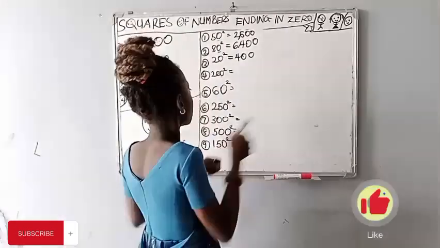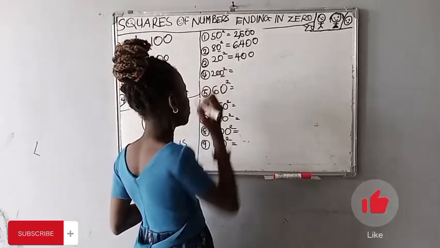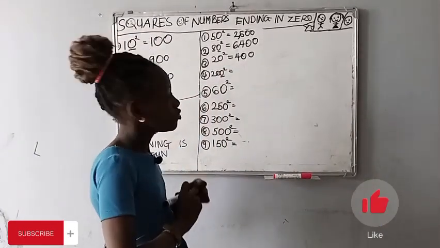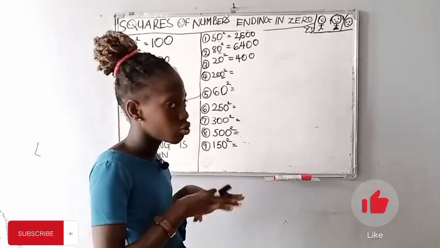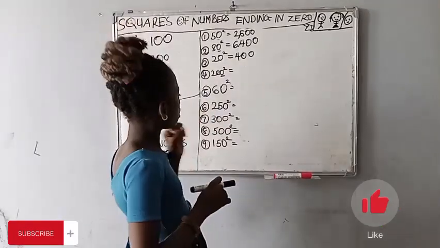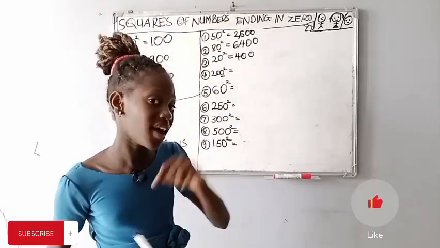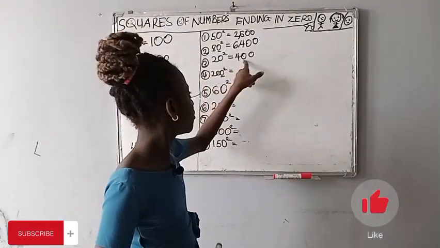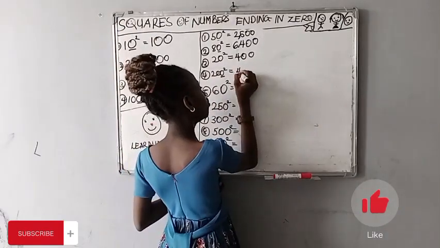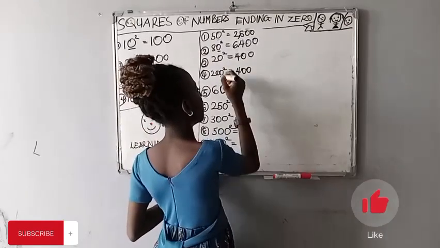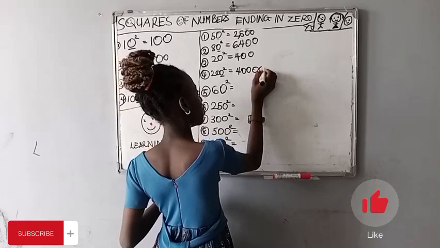Let's check it. First, mark out the 0. Then find 20 squared. So 20 squared is what? 400. And then this zero produces two zeros.